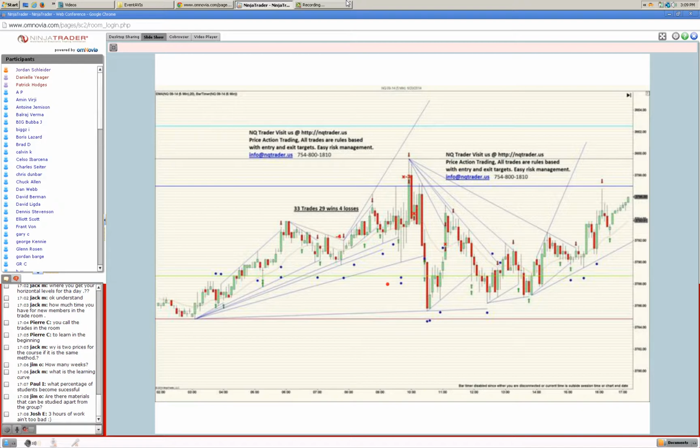One of the things we teach is that you have to really understand the instrument you're trading, and that's why we stick exclusively with the NQ. We don't trade 5 different markets, although some people go on to do that. You learn the NQ, and after that, if you want to trade the ES or the Russell or whatever, you can do that.